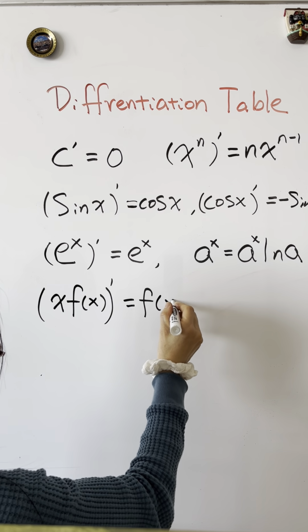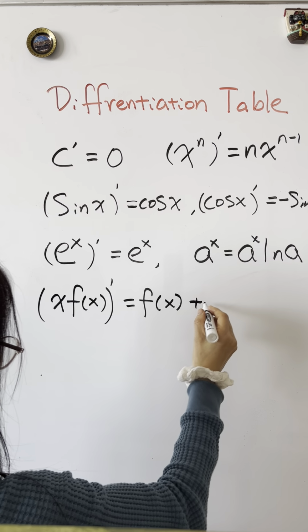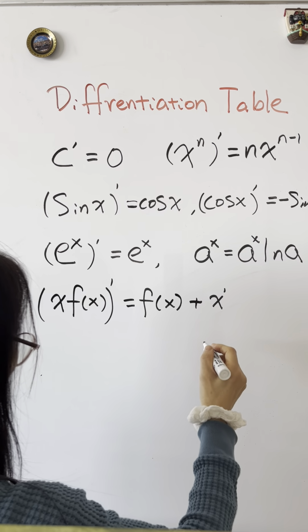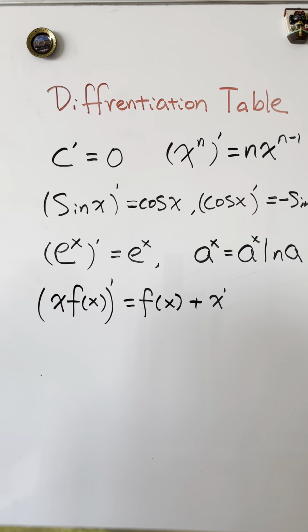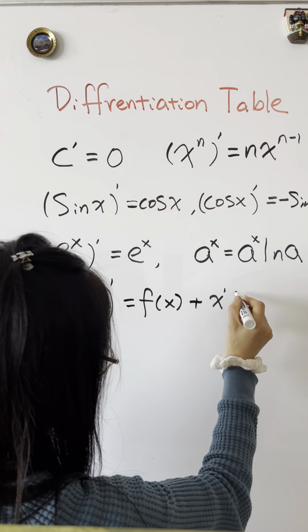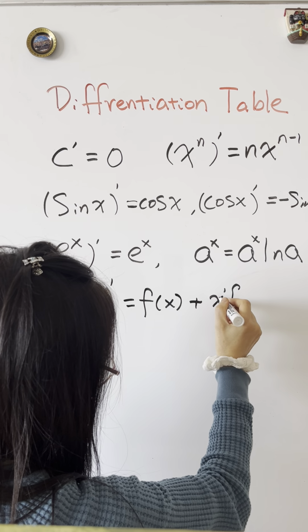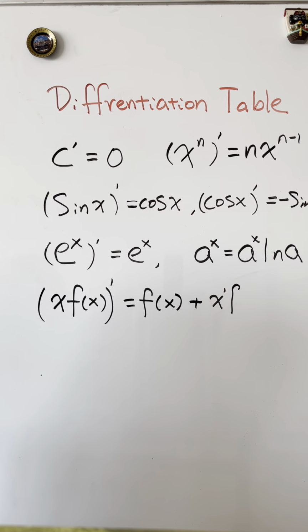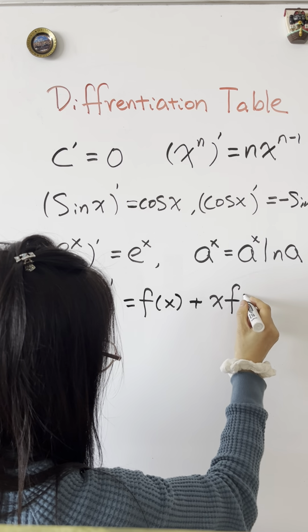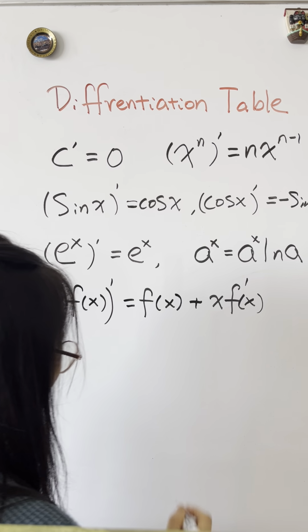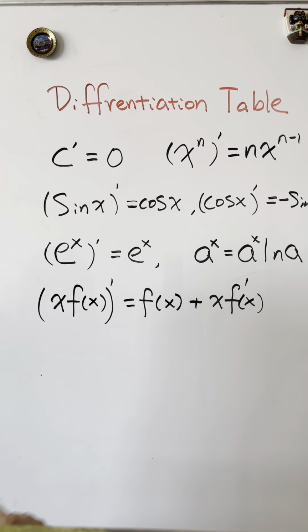So 1 times f of x, then plus x times the derivative of f, which is f prime. So the derivative is 1 times f of x plus x times f prime of x.